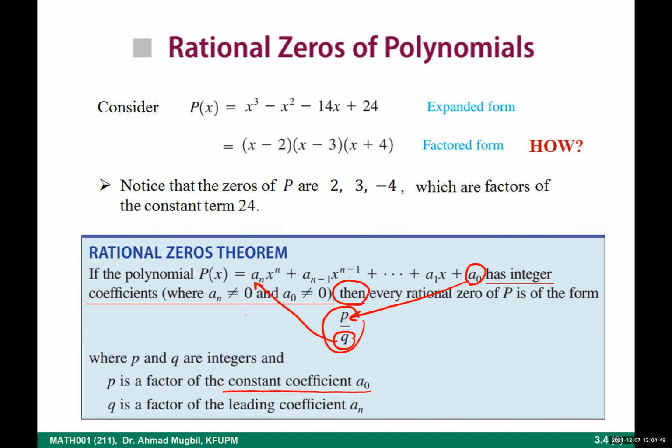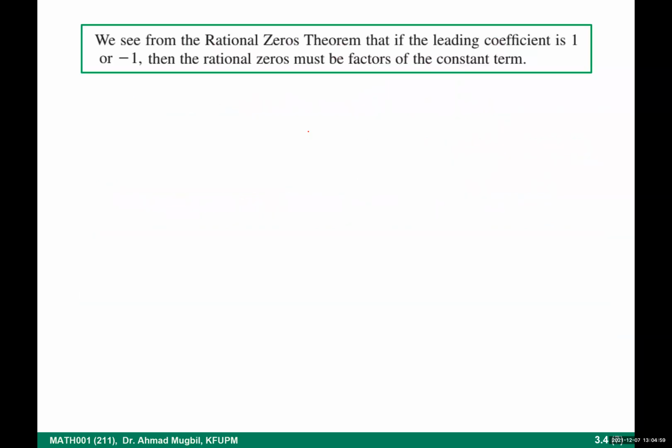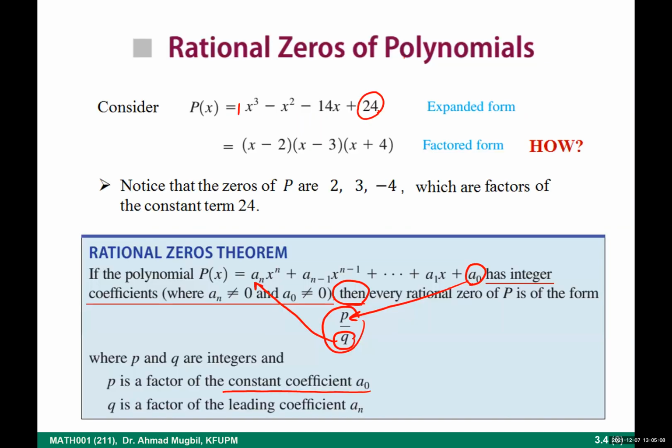So here it is about the factors of 24 and the factors of 1. This is the easier case, by the way, when the leading coefficient is 1. Then you just need to focus on the factors of the constant term, like the previous example, the one that we have here.